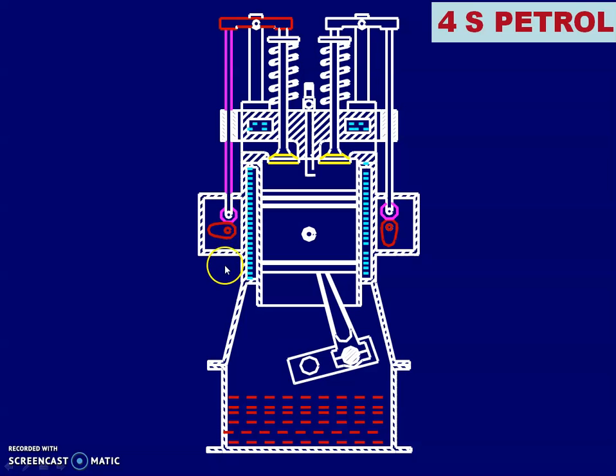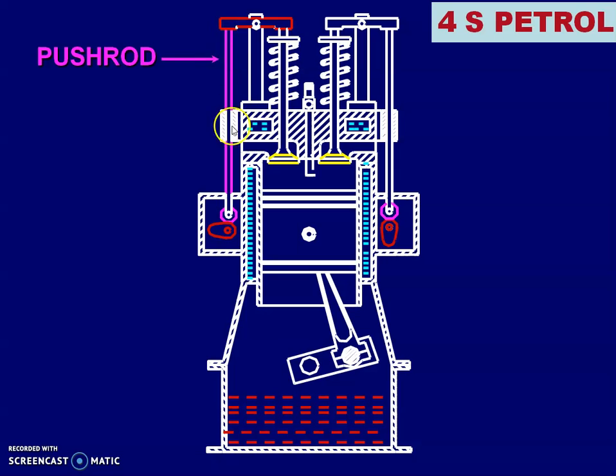Now let us study the valve opening and closing mechanism. The top portion is the cylinder head on which valves are connected. So this is the inlet valve. The inlet valve is connected through the spring. This is the rocker arm.